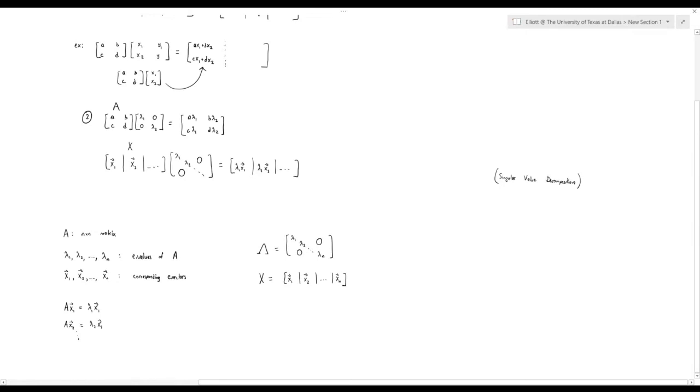So the parts of the matrix that correspond to the smallest eigenvalues are sometimes omitted, or just deleted or removed.